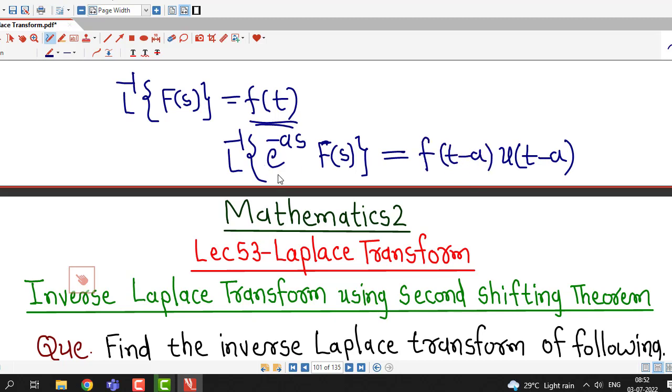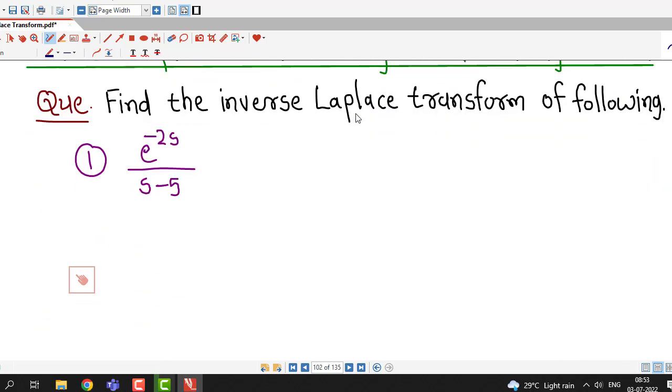So whenever we want to obtain inverse Laplace transform of a function which is multiplied with e raised to minus as, then first we will obtain inverse Laplace transform of capital F of s, and this inverse Laplace transform is given by unit step function at point a times value of this function at point t minus a.